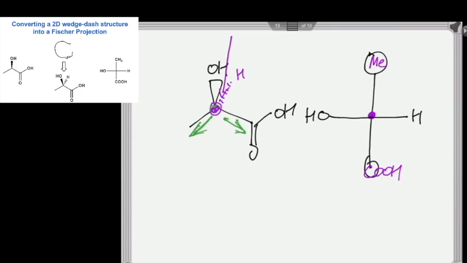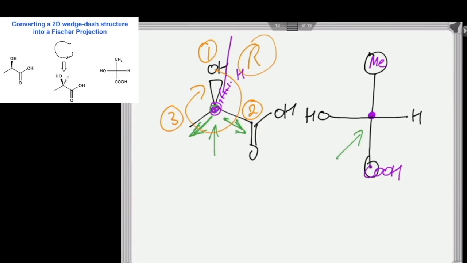One thing you can always do to double check if you've drawn the conversion properly is assign this center R or S, and here, R or S. If you've drawn everything correctly, the configuration should not change. So right here, 1, 2, and 3, as drawn, this is an R center, right? Hydrogen's to the back.